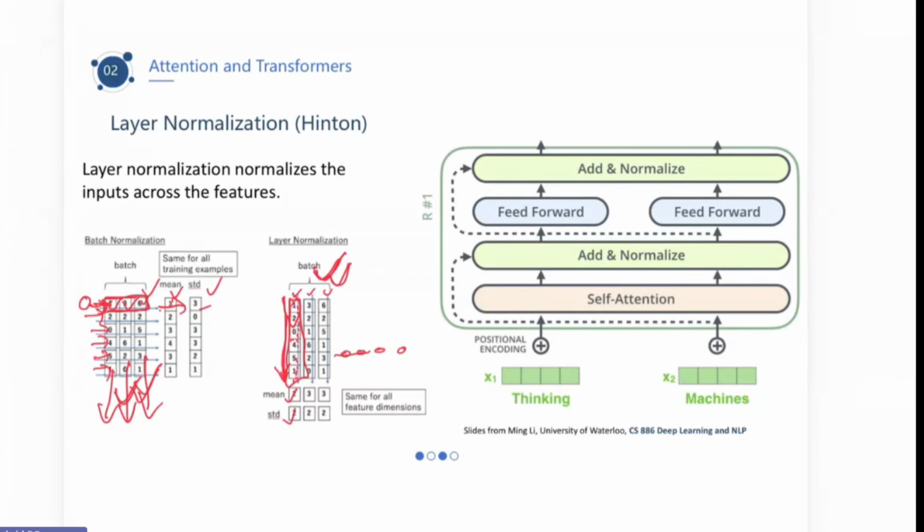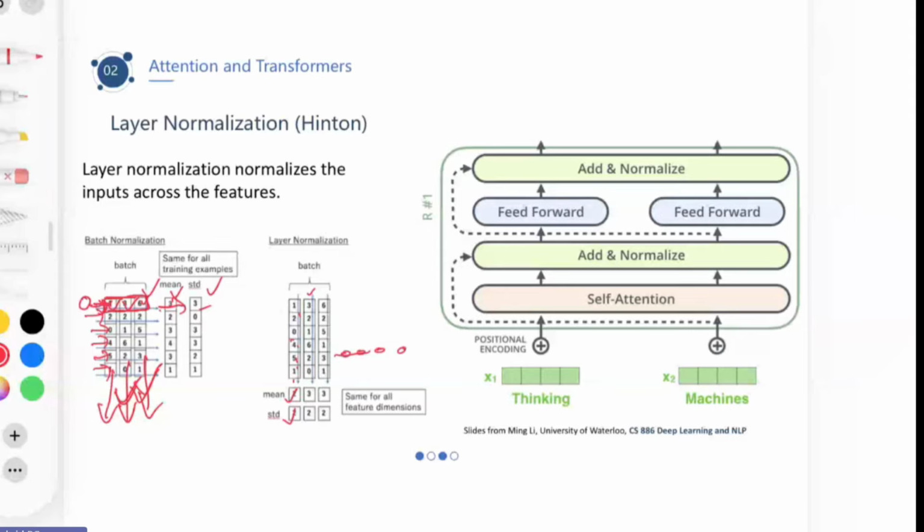So if I consider one sample here, this is the output from one layer. In this feature vector, this is the refined representation of the particular sample.